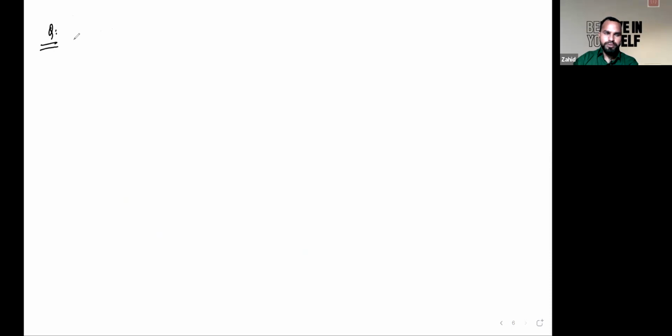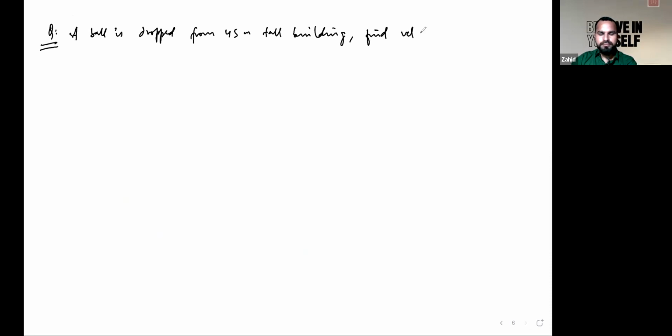Try to solve one more part. A ball is dropped from a 45-meter tall building.